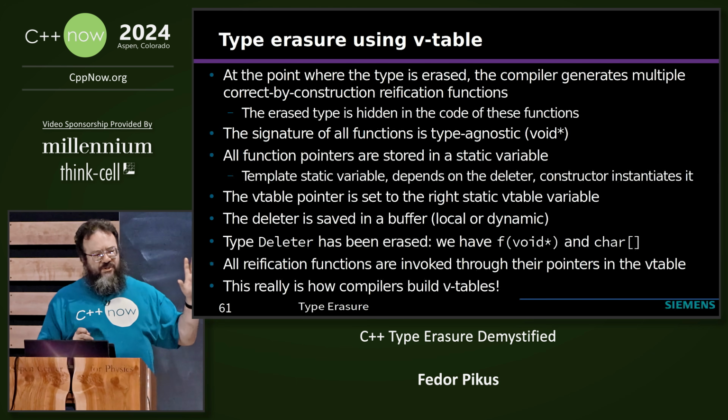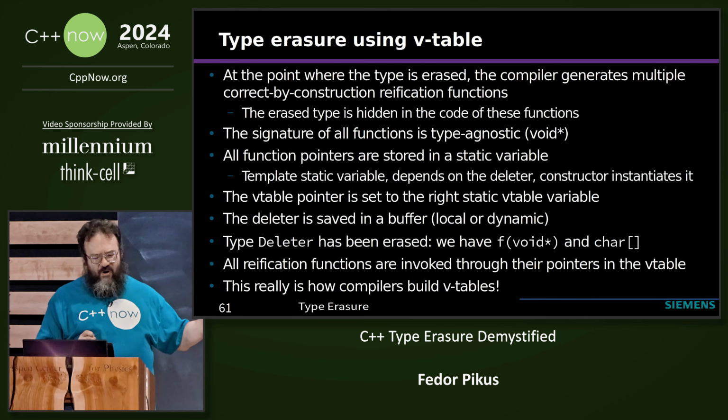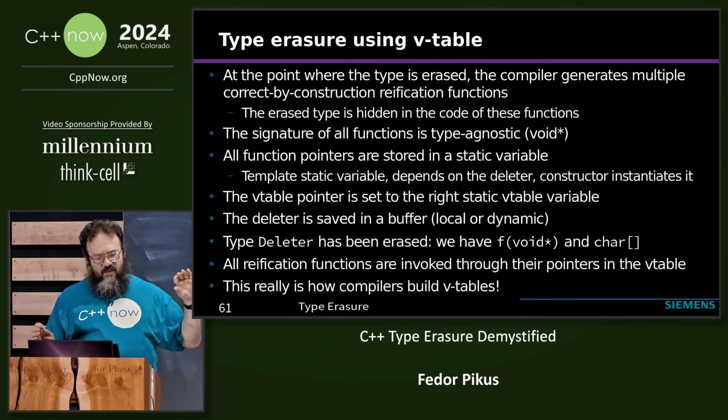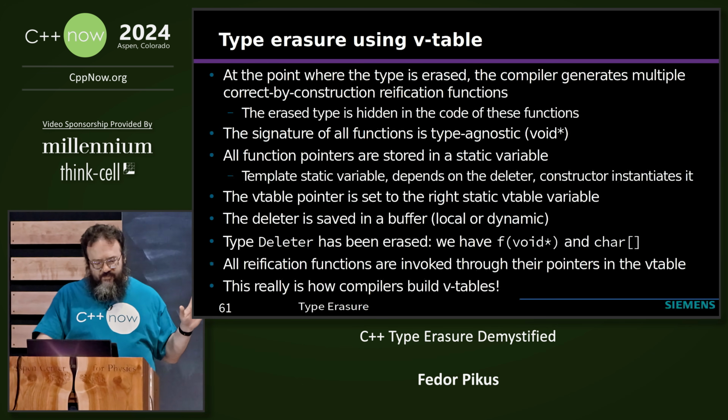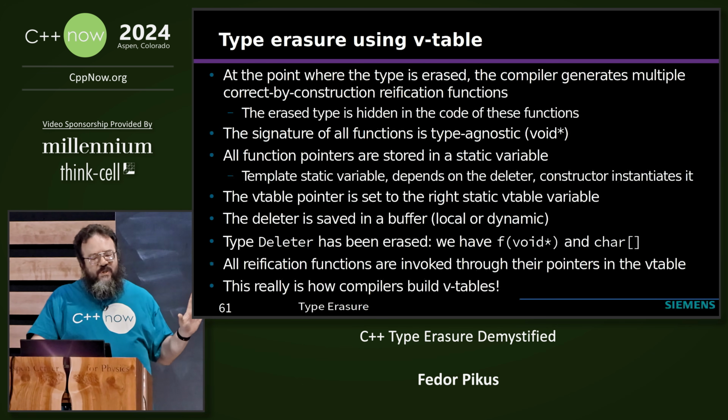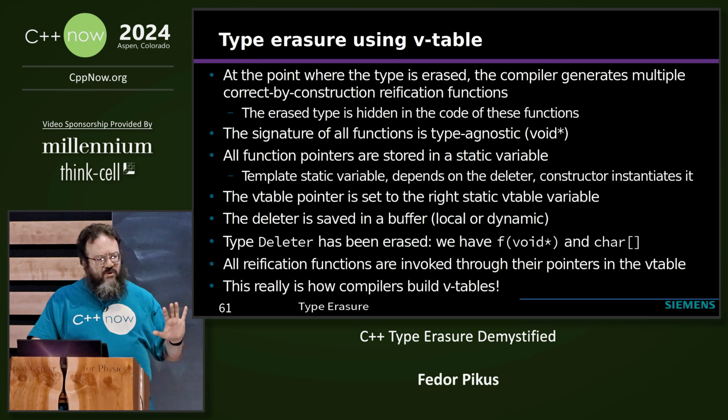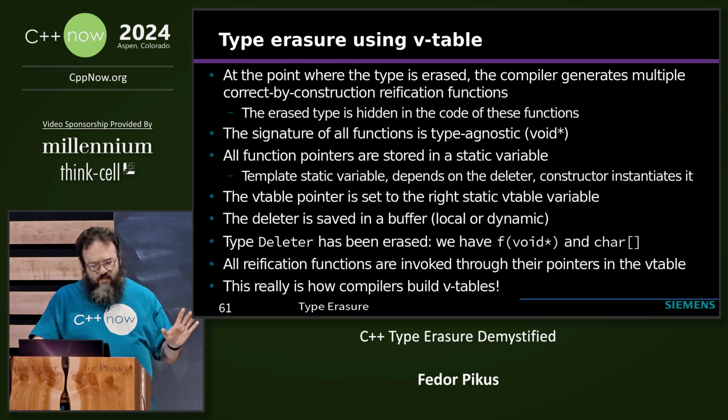Every time the compiler instantiates one of these templates, it saves it into a function pointer inside a struct, and we call it the vtable. That struct is a templated static variable, which means I don't have to do dynamic allocations. It does depend on the deleter. The constructor instantiates it.